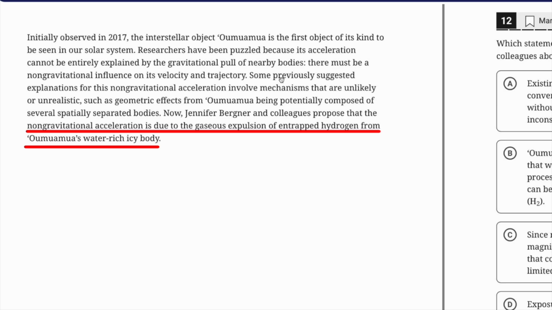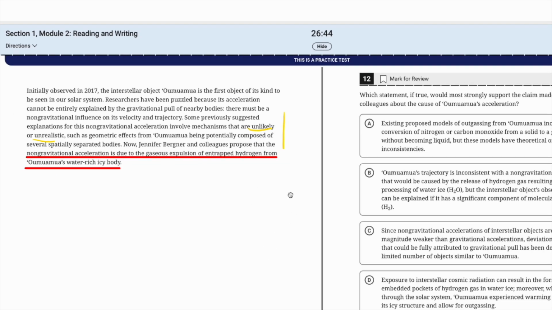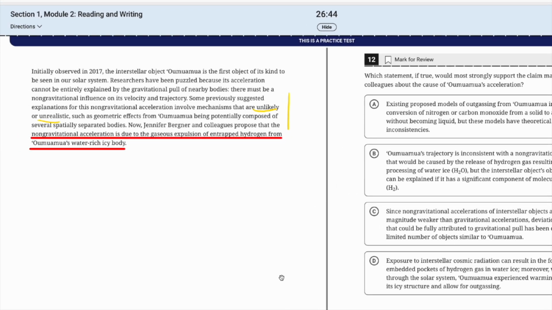That is in contrast to previously suggested explanations that are unlikely or unrealistic. And yes, which of the following would support the claim?